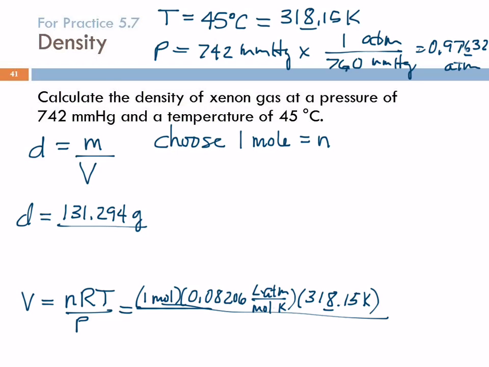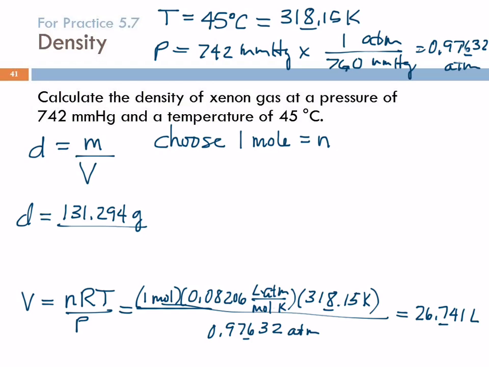And dividing by the pressure, 0.97632 atmospheres. 0.08206 times 318.15 divided by 0.97632 gives 26.741 liters. I don't want to round that yet, but I'm keeping track of my sig figs so that I don't have to think too hard at the end.